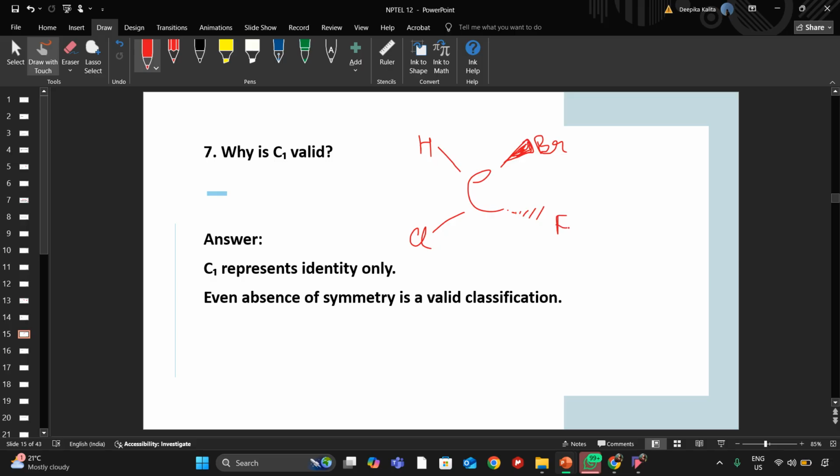So this particular molecule will not have any symmetry element present in it, and the only symmetry element it will have is identity, which is denoted by E. So the point group which will be associated to such molecule will be C1, and even absence of symmetry is a valid classification in point group.